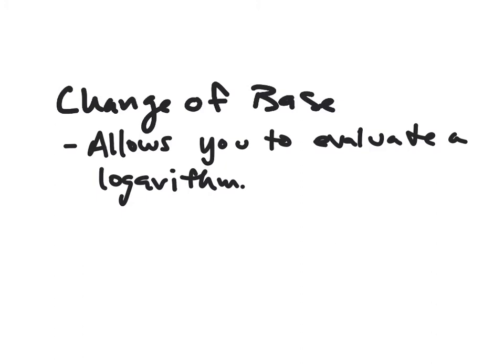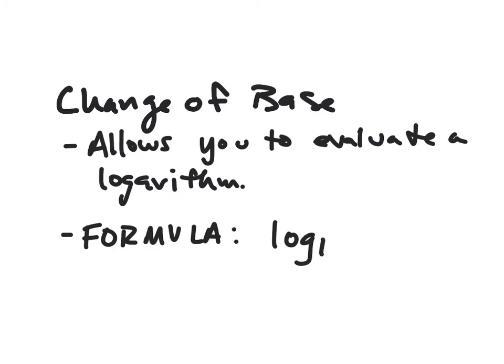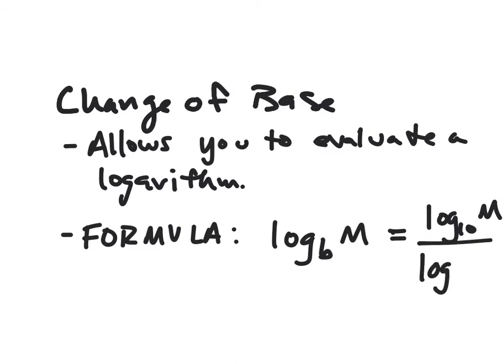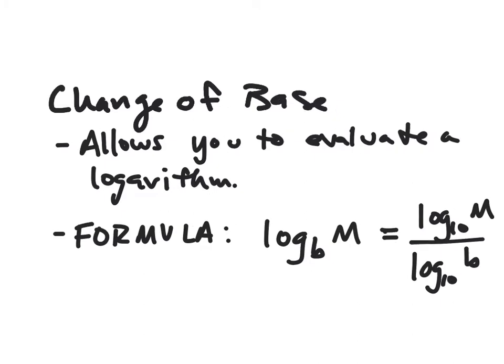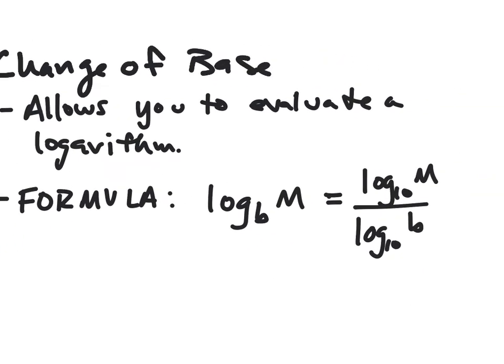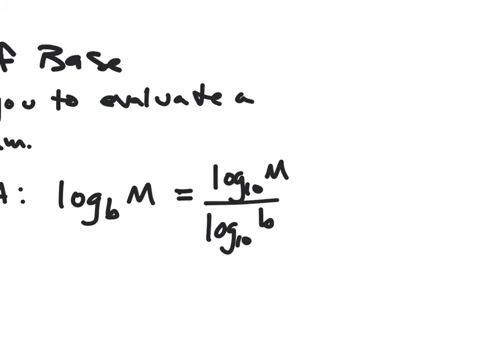Your change of base formula is this: log base b of m is equal to log base 10 of m divided by log base 10 of b. The reason we use the change of base formula is to evaluate logarithms and figure out what that is.